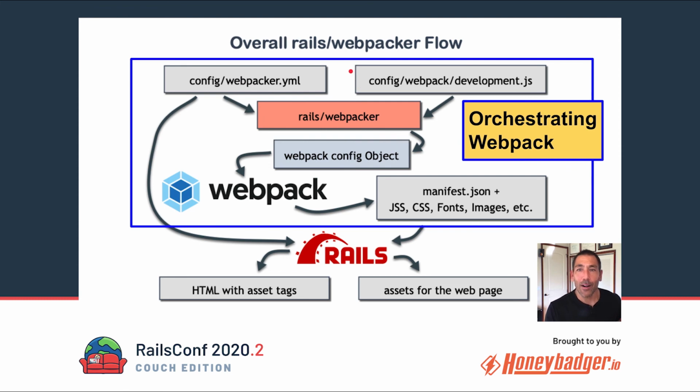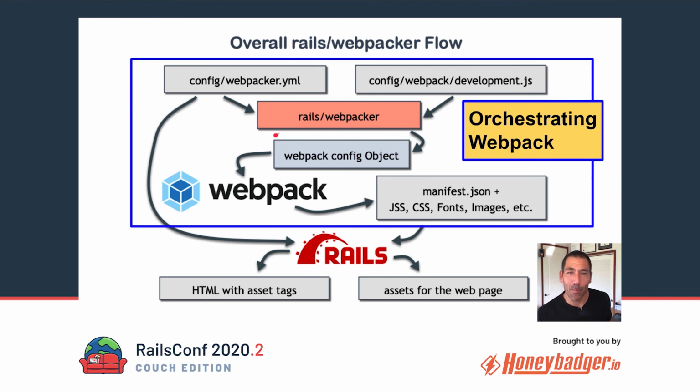And then you also are going to have a file per node environment, meaning development, test, and production. And that's a place where you can further customize Webpack. Those things get put together with the Rails Webpacker library, and we create this config object. So there's a little bit of Ruby code as well that runs all this, and that's the orchestration of Webpack.